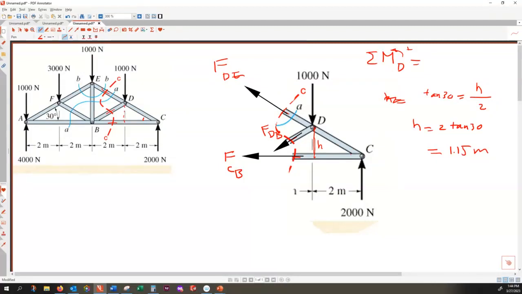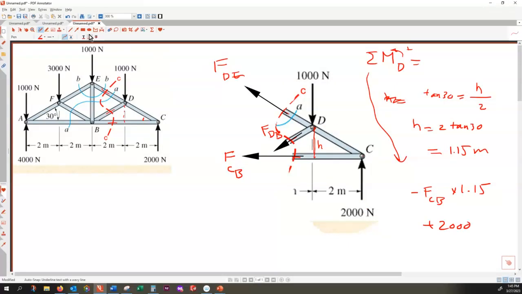All right, so that means the rotation due to the FBC with respect to the D, if I go on with that condition, FBC with respect to the D, that makes a negative rotation. So that is minus FCB times H, which is 1.15. And then I have 2000 Newton with respect to the D, which makes a positive rotation. That is plus 2000.